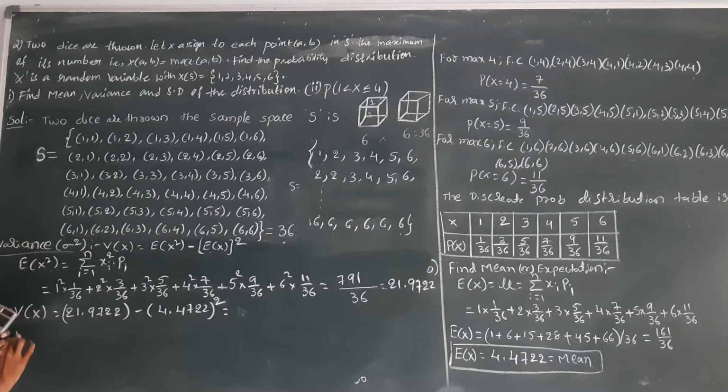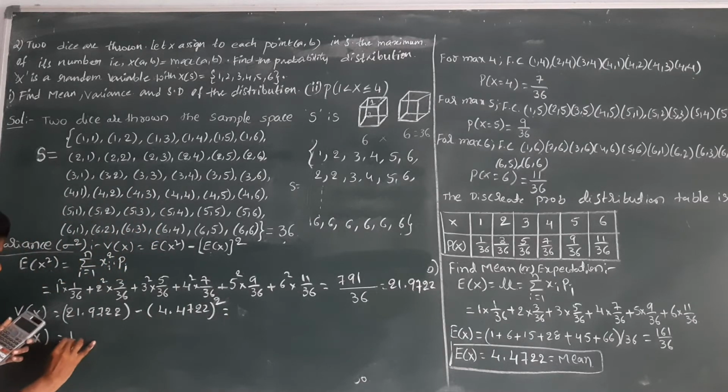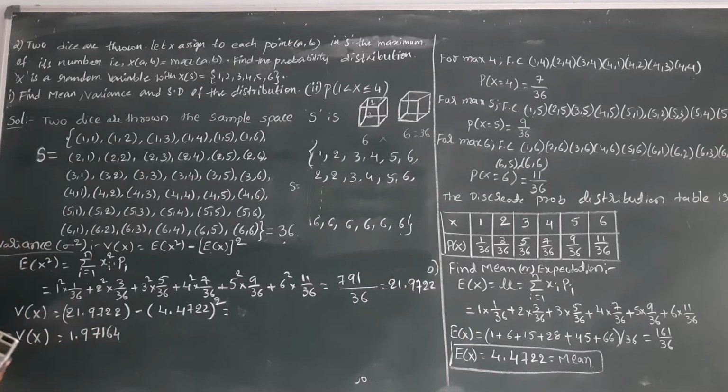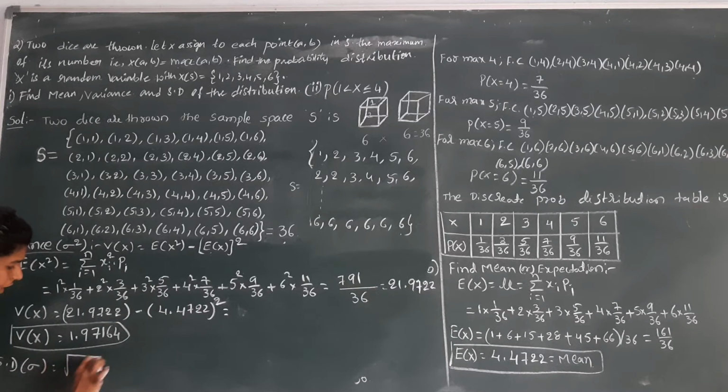4.4722 whole square is equals to 1.97164. Okay? This is nothing but the variance. Now, next one is the standard deviation. SD is nothing but, this is denoted by sigma, that is nothing but under root of the variance.